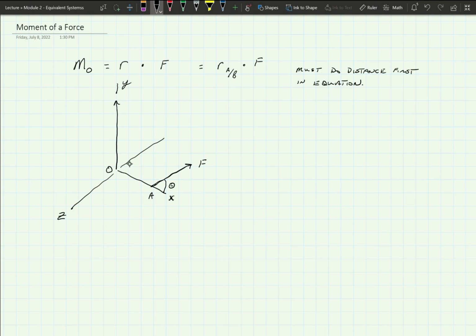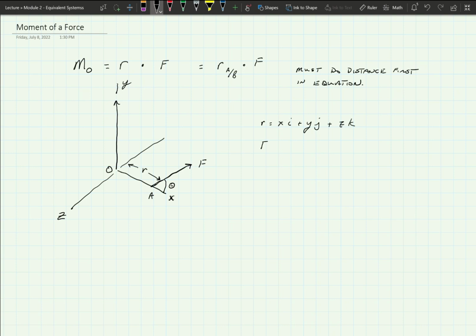This distance from here to there is known as the radius of the moment. That's perfectly understandable, we call it a radius. It could just be a d for distance, but it's still the same thing. What we're looking at is this. R is going to be equal to x times i plus y times j plus z times k.